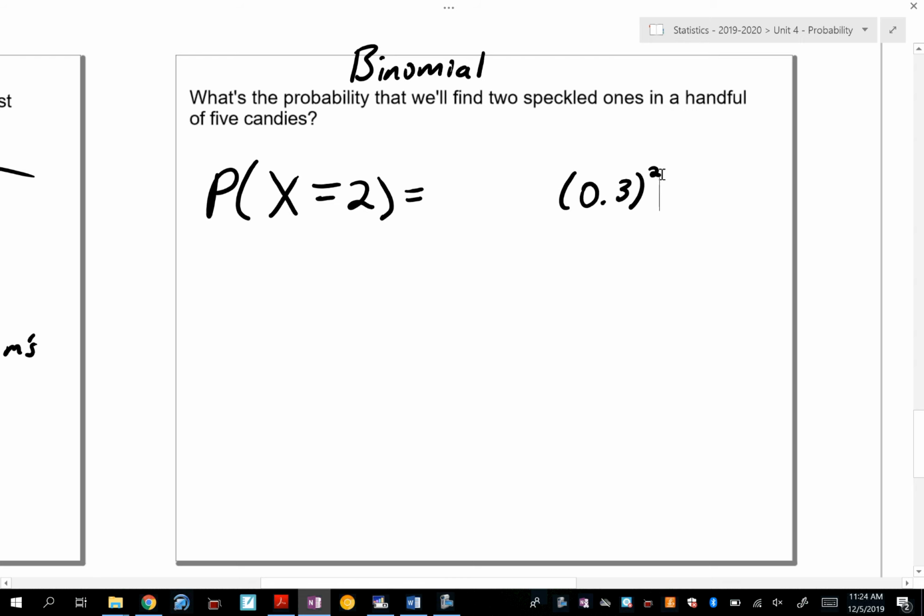Times 3 of them are not groovy. Do you agree? Now, when you read that, this is read as the first 2 are groovy.